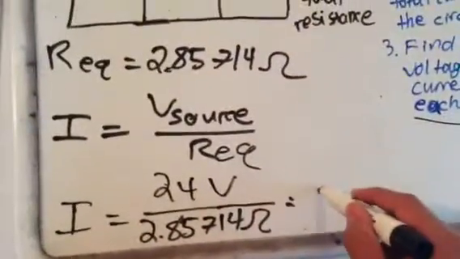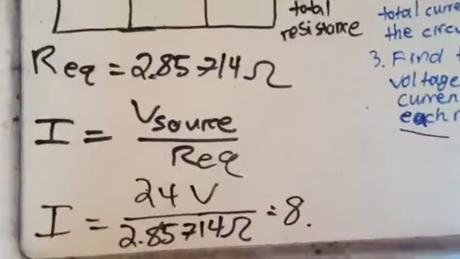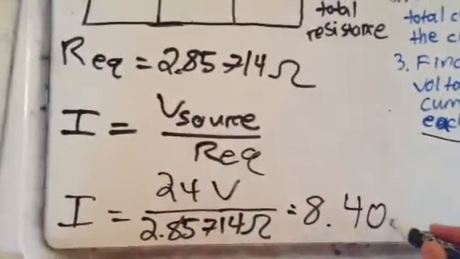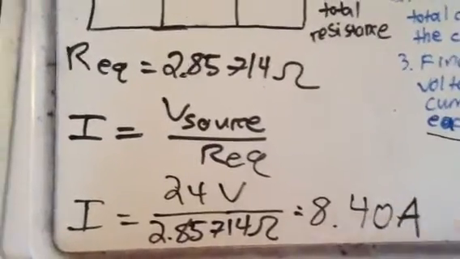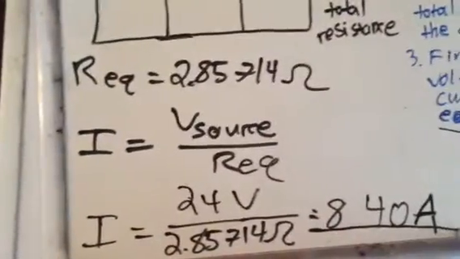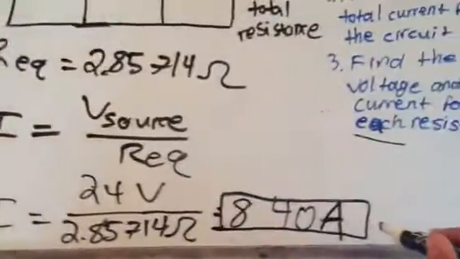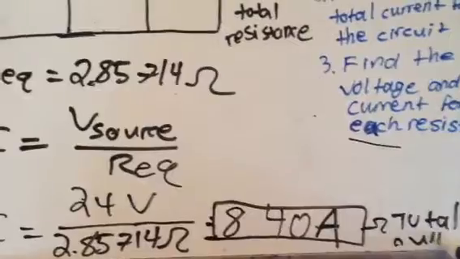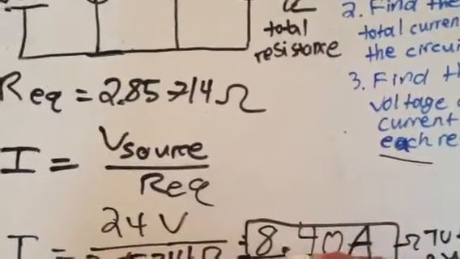Alright, so the answer was like 8.400001, so just put 8.40 down. That's fine. So this is the total current. Now this is not 840, it's 8 point 4.